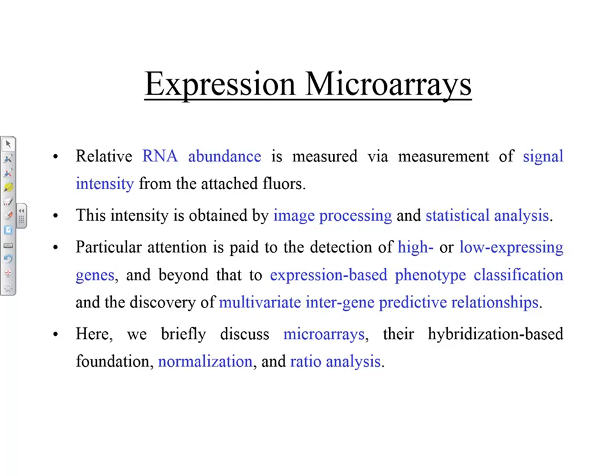So the ratio that you would be looking for will not be 1 in that case, it will be 2. If you deviate from 2, then that's the problem. So that's the normalization. And then ratio analysis, because the ratio is the crucial thing: the ratio of red to green intensity. That is going to decide whether the particular gene in question is differentially expressed or not between the two samples.